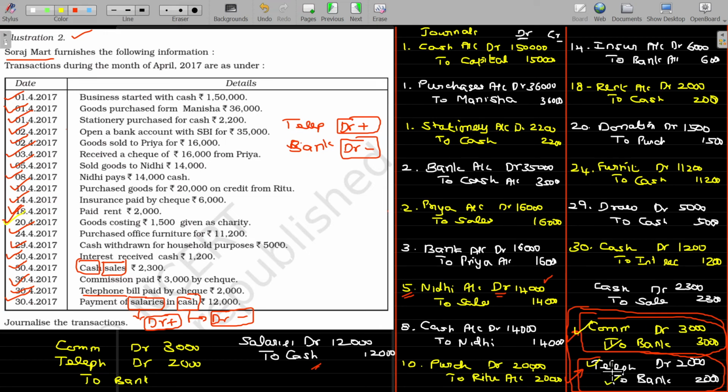Why do I want to pass two bank entries here? Rather than that, I can club the value here. 2 plus 3, 5,000 rupees should be here. For each and every transaction, after cross verification, the debit total should be equivalent to the credit total. That equation should always match. So 3 plus 2, on the debit side we have 5 and on the credit side also we have 5, so it's matching. Is that okay? Come on, make a note of it.